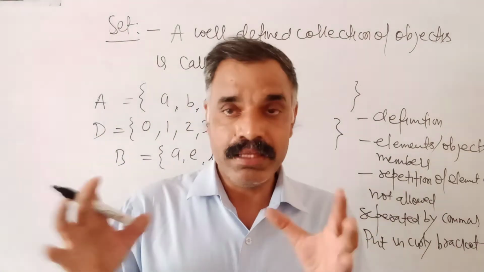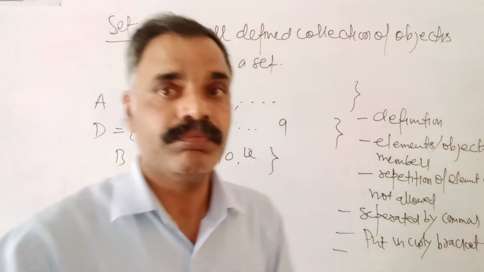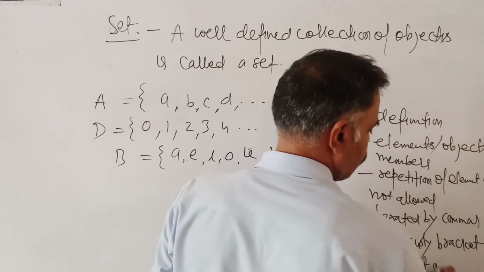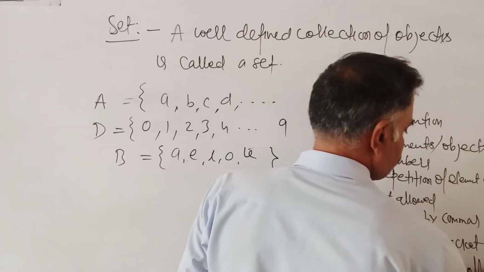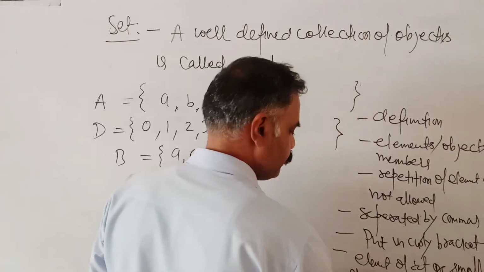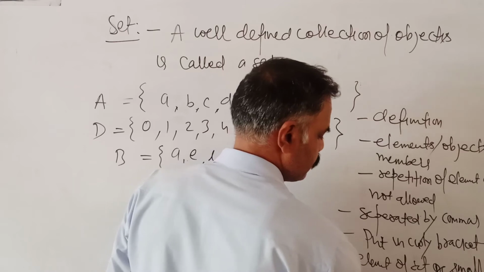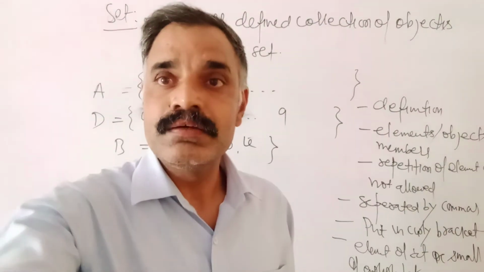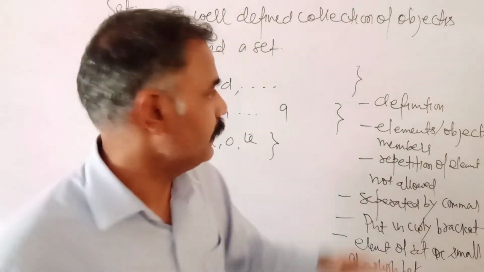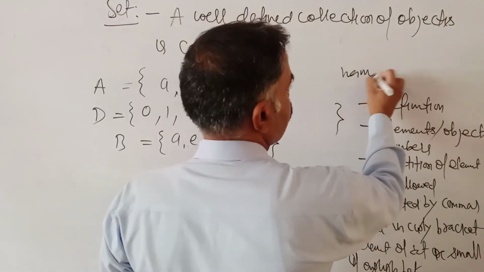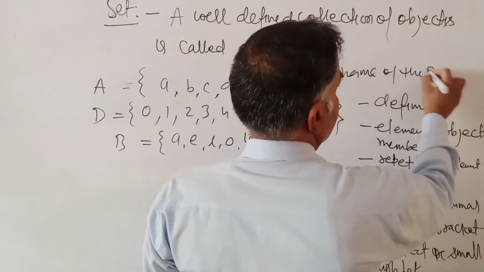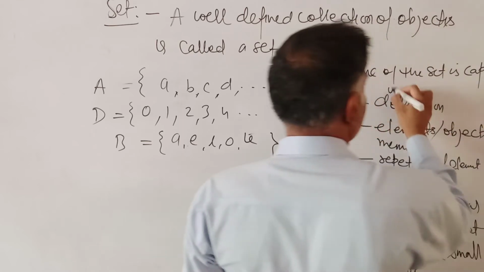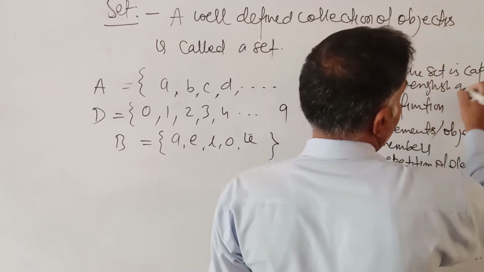The elements are named with small letters of the English alphabet, and the name of the set is a capital letter of the English alphabet.